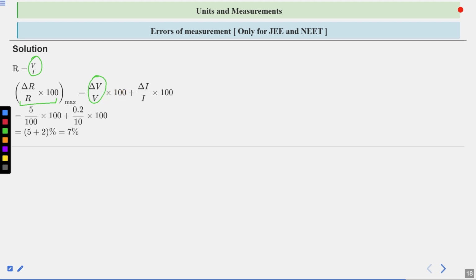After multiplication with 100, it becomes a percentage, and for I it will be ΔI divided by I into 100. So the error is ΔV is 5 divided by V is 100 into 100, plus ΔI is 0.2 and I is 10 into 100. We already solved this question. So 5 plus 2% is equal to 7%. Now it is clear? This is very simple.